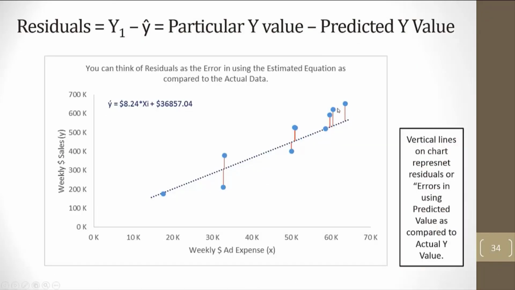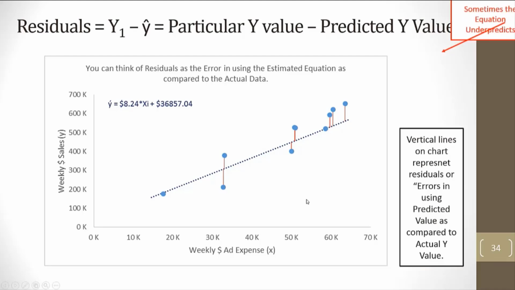Now, if we go to our next slide, we can see a picture of what the residuals look like. Here's our original sample data points, and in each one of these sample data points is a y value. Well, guess what? This equation is predicting y hat, which is a y value. If we took the predicted value and the particular value from our sample and compared them, the distance between those would be our residuals. We'll say the original y value, and we'll subtract the predicted value.